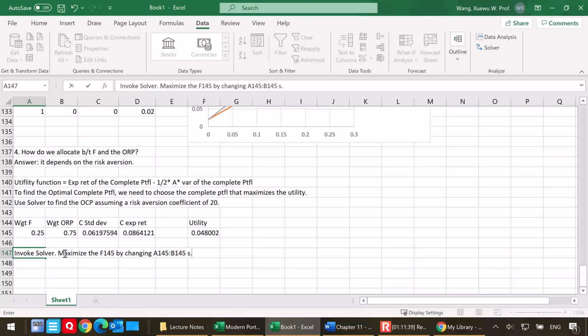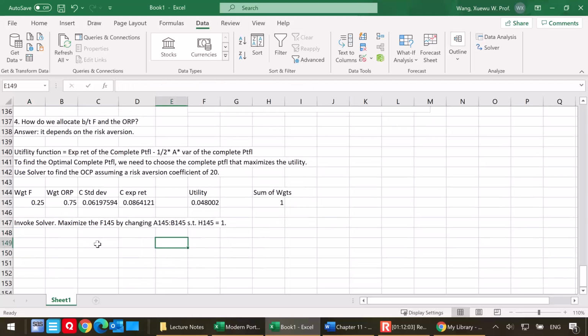And we do have the constraint that weights add up to 1. I should say sum of weights here, because I guessed two weights. They happen to add up to 1, and subject to the constraint that H145 equal to 1.